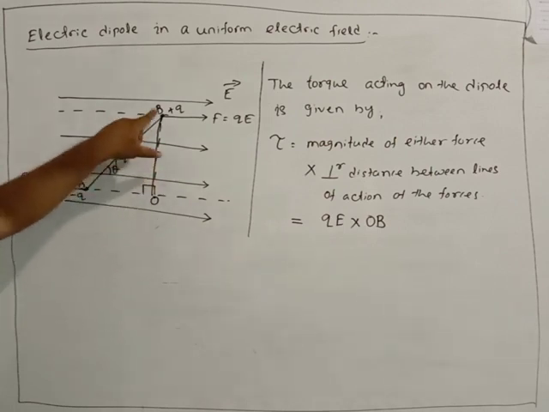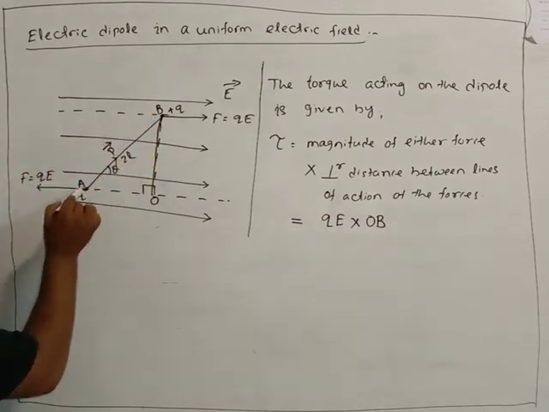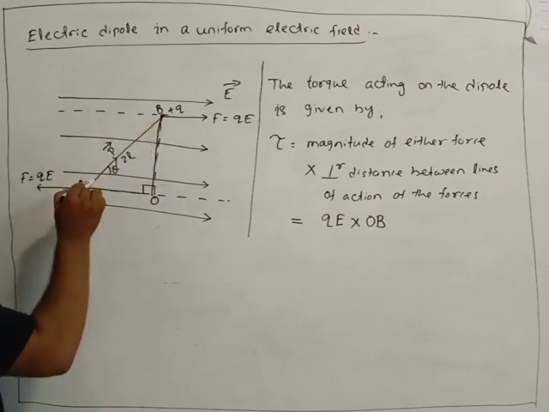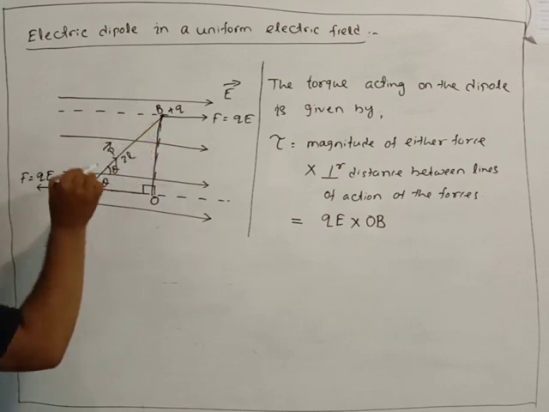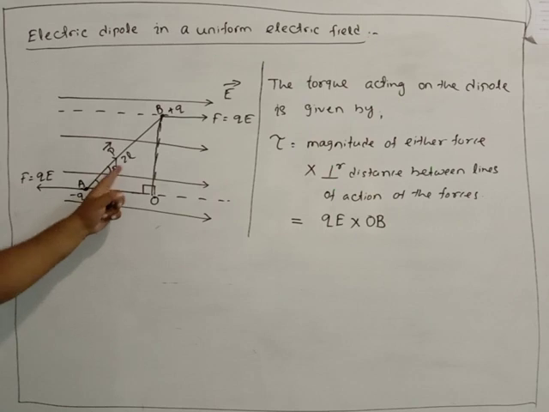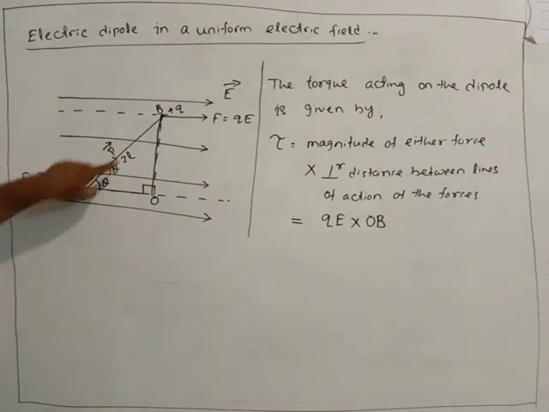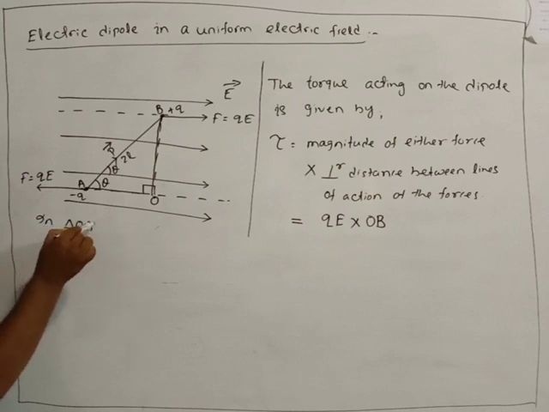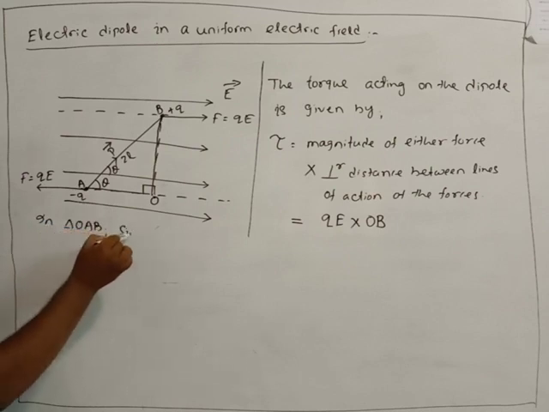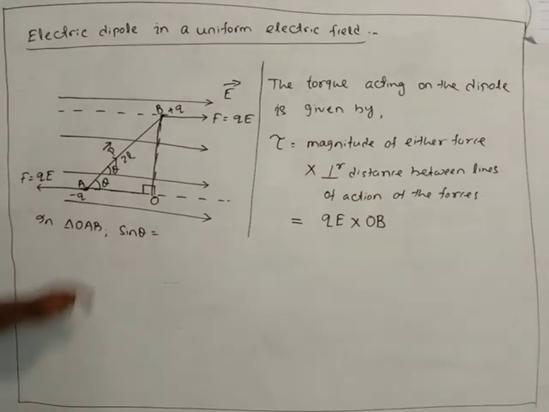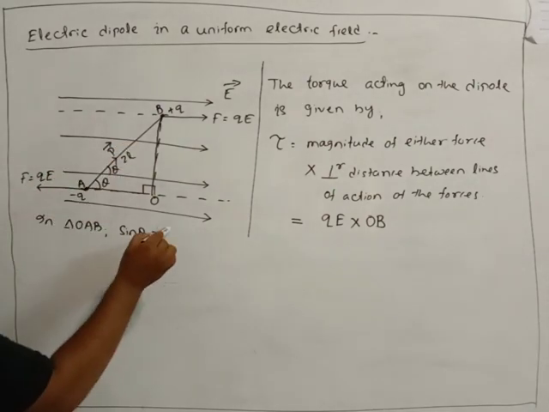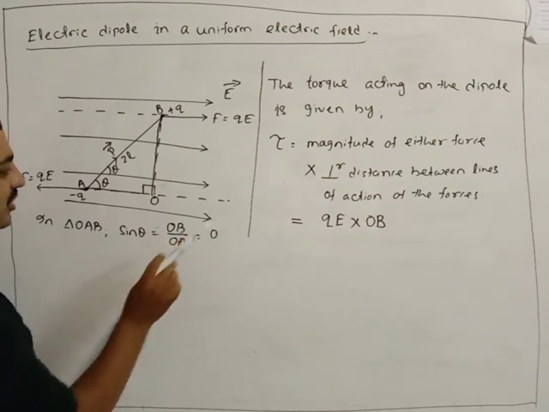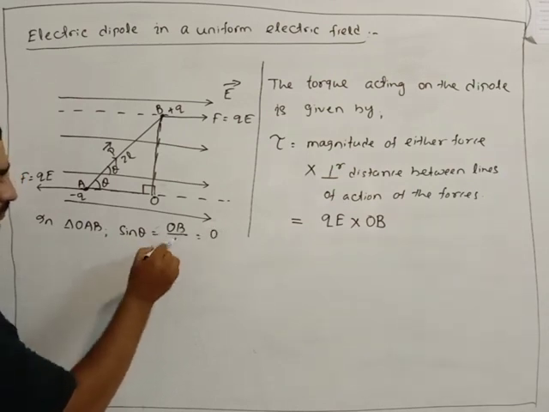Now go for the triangle OAB. Look at this triangle: this side is 2l, this angle is theta. If this angle is theta, this angle is also theta because they are corresponding angles. Now in triangle OAB, sin theta equals OB by OA, that is OB by AB.